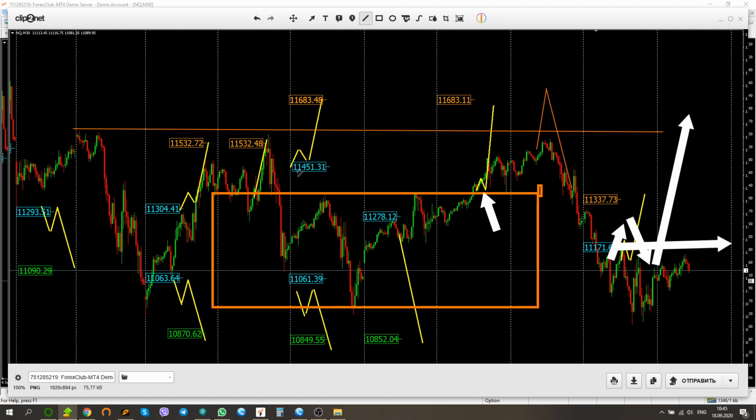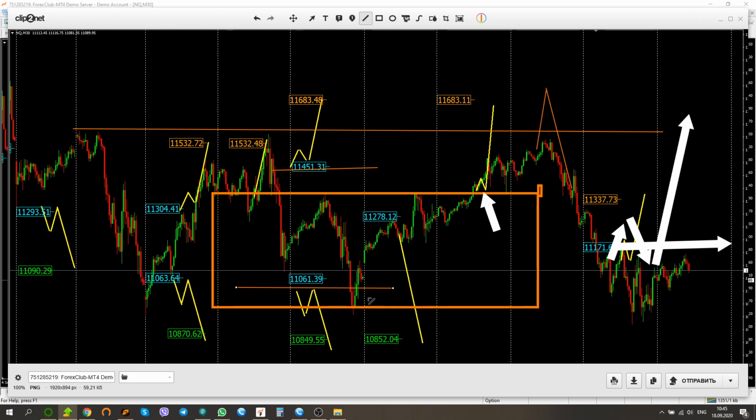In some cases I'm giving a situation where we should wait until one of the levels is triggered. For example, like this. Here we were waiting for this level to be broken. It was.